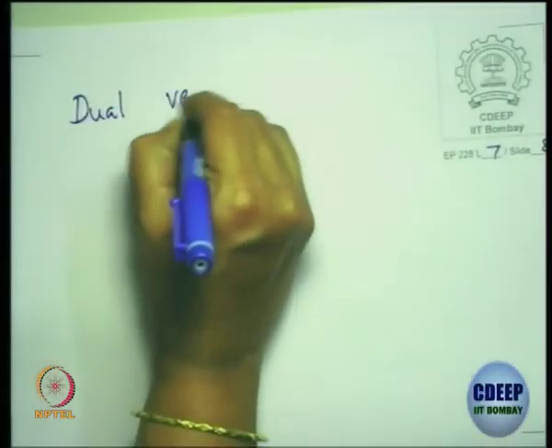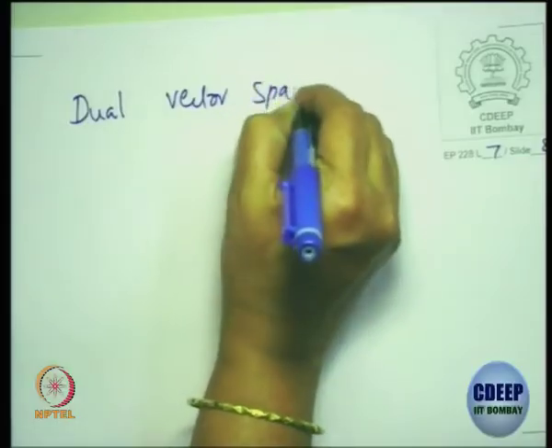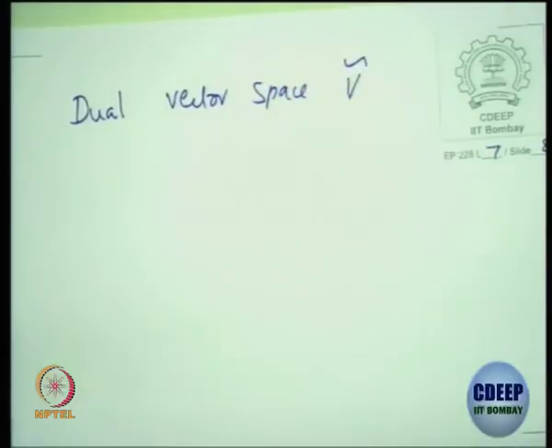But in any abstract linear vector space, you have a dual vector space V tilde, which could be different from V. In most situations V tilde may look similar to V. In fact, in R3, you take vectors and take a dot product because V tilde is exactly similar to V.